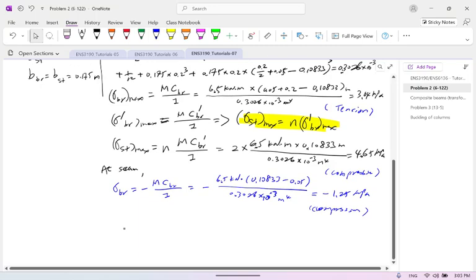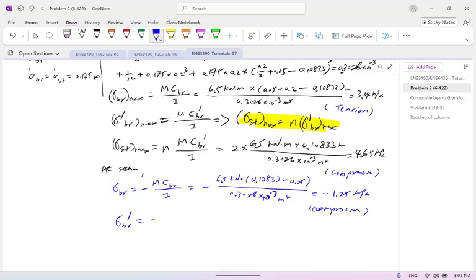Same way we can work on sigma plus prime. Okay, so equal to negative MC plus prime over I. So of course, this one is at the same location, negative MC over I, because it is on the same location. So that's why sigma steel will be equal to n sigma plus prime, which equals negative n MC plus over I. So this one will stay the same.